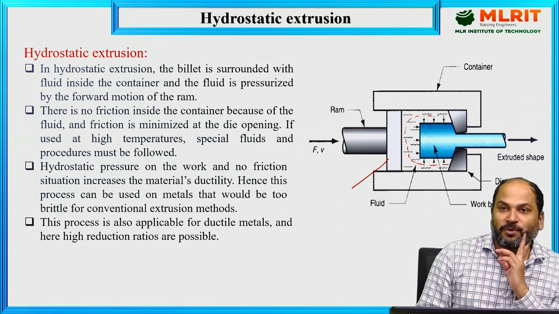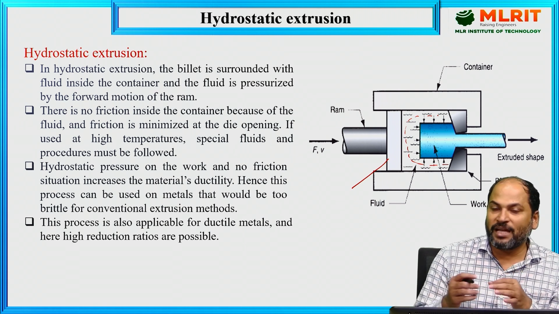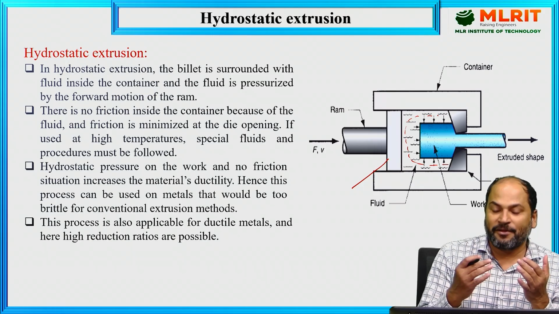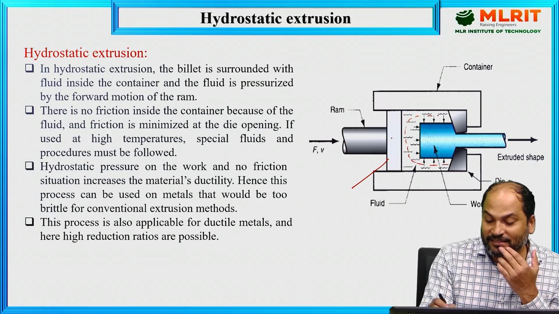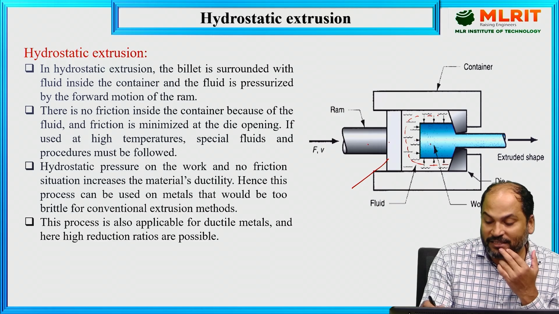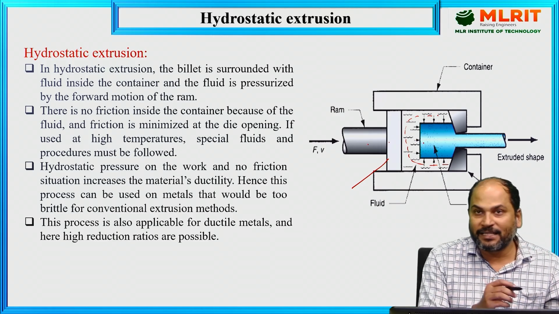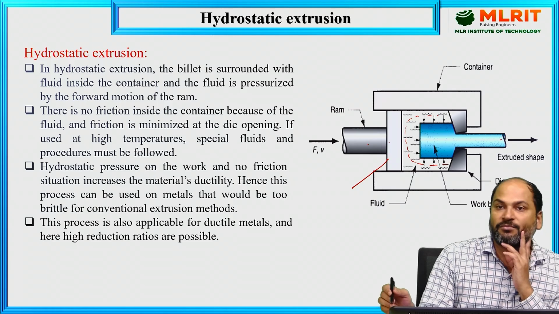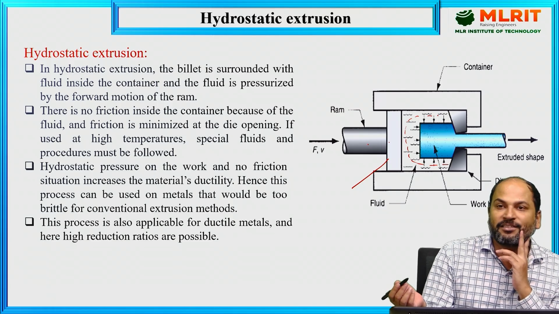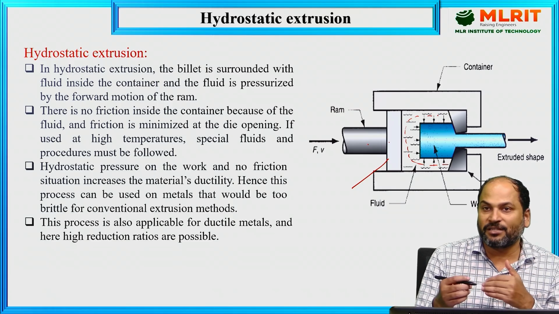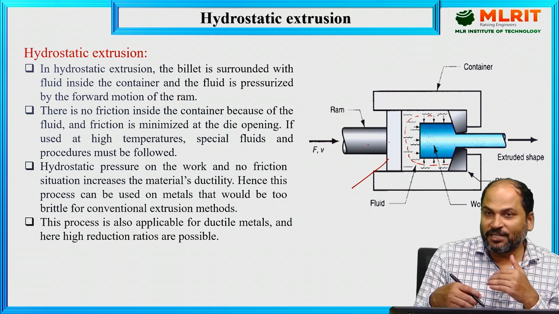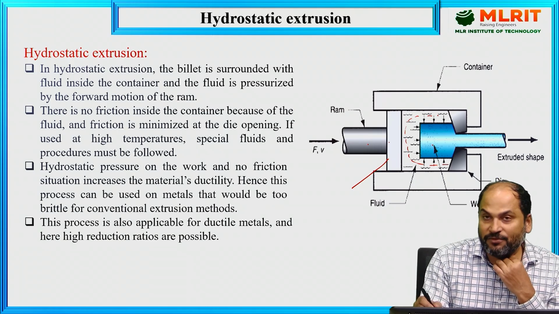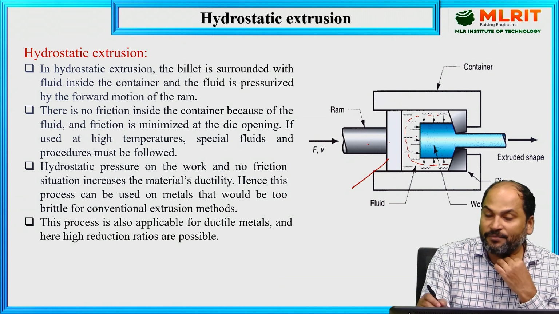Here also we have to apply force, but we are not applying force directly. It is not like the ram is in contact with the billet and we apply force so that it comes out of the die opening and takes the shape of the die opening. Instead, between the billet and the dummy block there is a liquid.